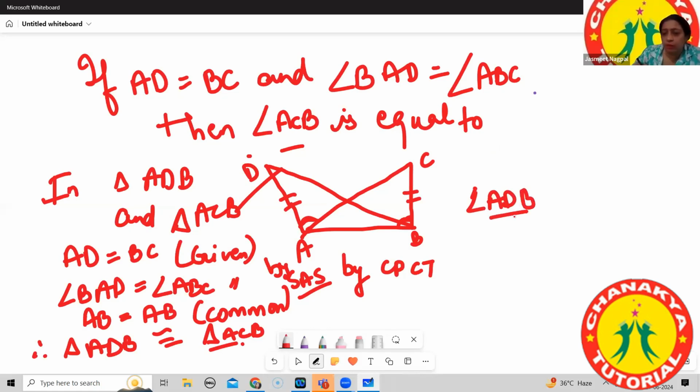Please be careful when you do the sums of triangles. You have to write all these steps with reasons. Reason is very important, by CPCT, by congruency, ASA, SAS.